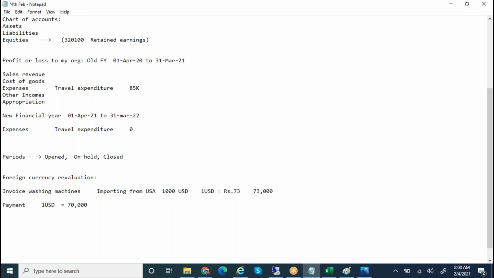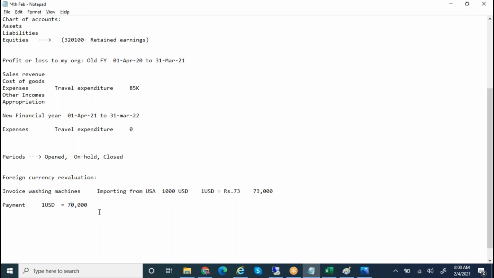From China, Chinese yuan. From Australia, Australian dollars. So currencies will be different, and I need to enter the exchange rate between that currency and this currency in the system, so that whatever the difference between invoice and payment, if it is a gain, it will be posted to gain. If it is a loss, it will be posted to loss.